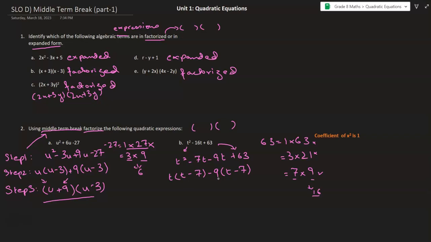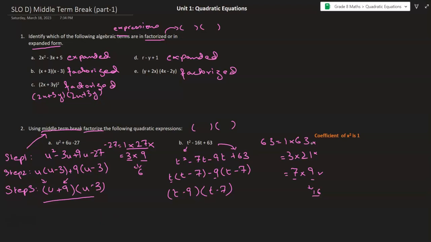And so these two brackets are the same, and so I'm doing this right. Now I'm going to just combine the terms that are outside of the brackets. That's t minus 9 bracket, and t, I'm going to write one of these brackets together. And so we have actually factorized quadratic expressions using middle term break.